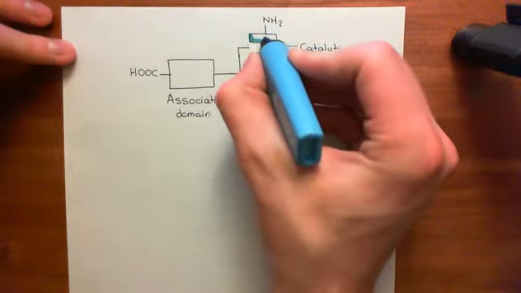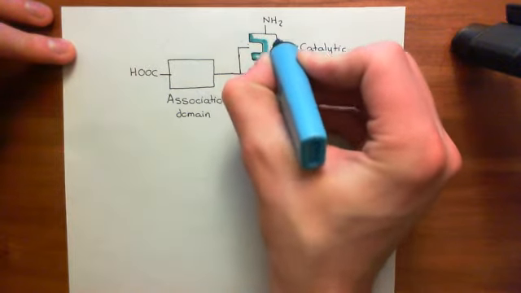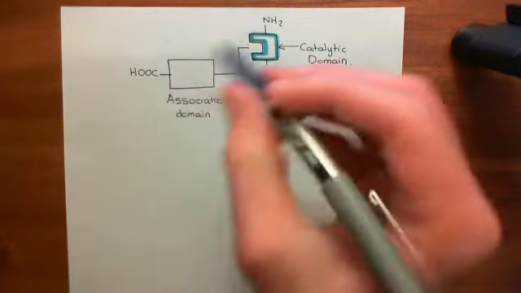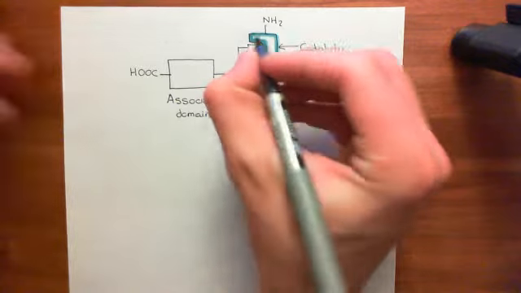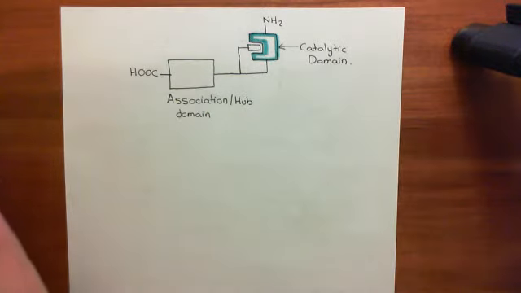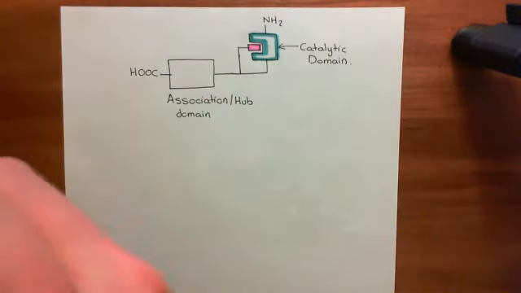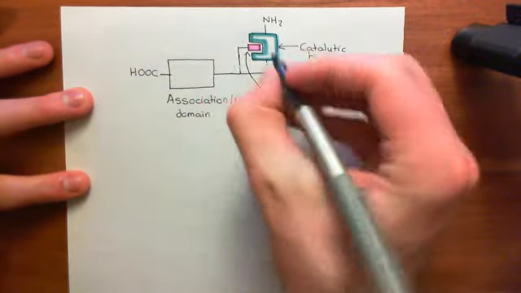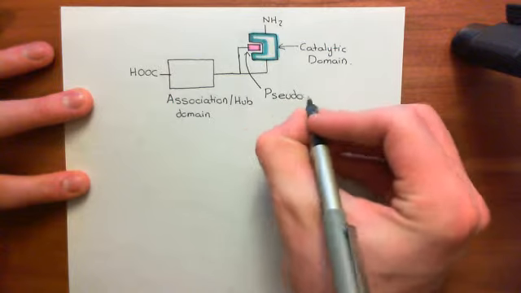In the inactive form of CAM kinase 2, another portion of the enzyme sits within the active site of the catalytic domain, blocking its function. This little portion, now coloured in purple, is what's known as the pseudo-substrate.